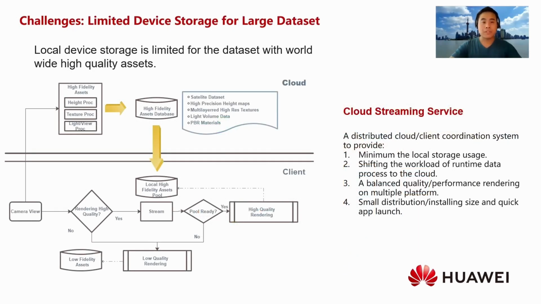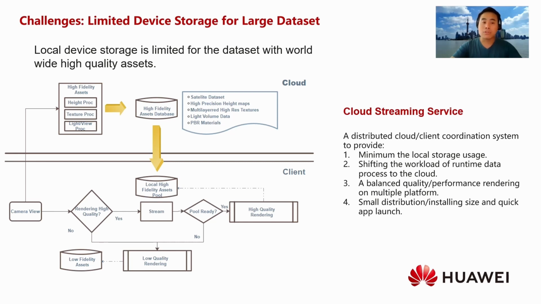The third major challenge is the data size limit, particularly for super large terrain datasets. For instance, if I remember correctly, Microsoft Flight Simulator has up to 2 petabytes of data in total, which is impossible for any consumer device to handle locally. Cloud streaming service aims to solve this issue. It can manage the storage usage through a local data pool control.